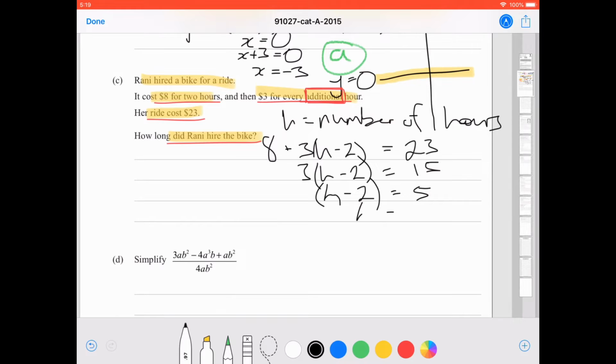Okay, so here, correct equation set up and solved gets you the merit grade. And achieved is setting up the equation omitting the minus 2 and solving. So let's say, for example, you said 8 plus 3h equals 23.